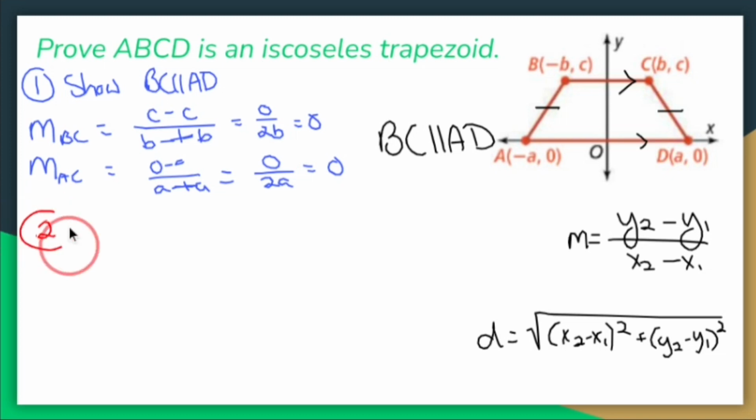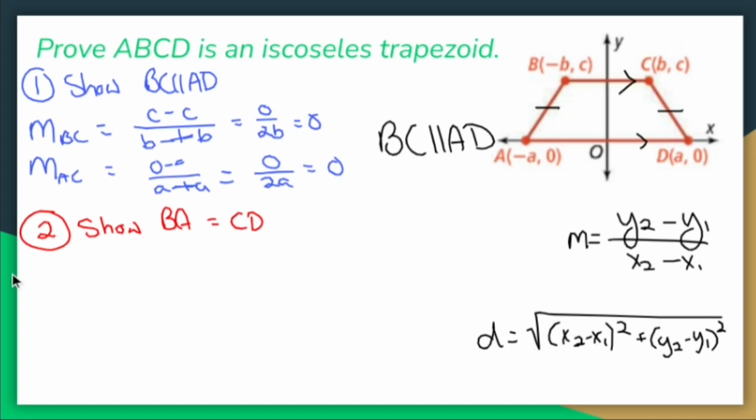Thing number 2 is I need to show that these two guys are equal in distance. So I'm going to use the distance formula to show that AB or BA is equal to CD. Compact disc, those of you 90s kids. Let's rewrite it out so that I'm a little bit more specific.